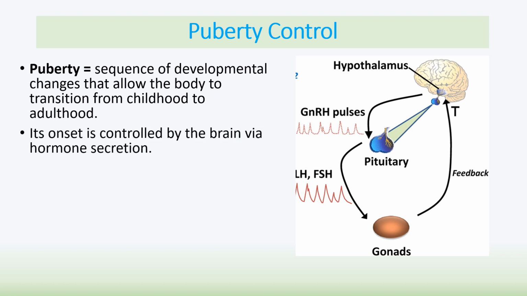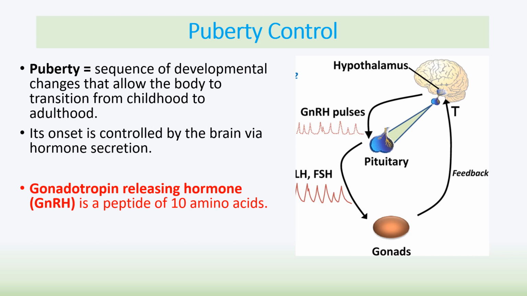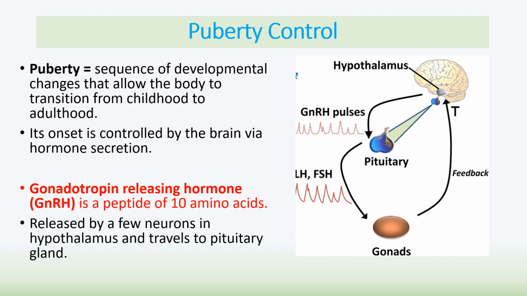It's an onset controlled by the brain via hormone secretion. And the hormone that triggers puberty is called gonadotrophin releasing hormone, and it's a peptide of just 10 amino acids in length. It's released by a few neurons in the hypothalamus, which then travels to another part of the brain called the pituitary gland, which then releases the hormones you'll be more familiar with.